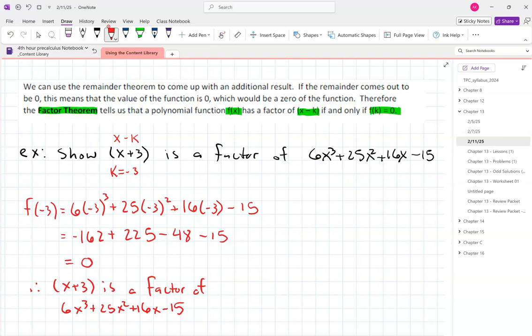And since I have that equals 0, it implies that I have a remainder of 0, so x plus 3 is a factor.